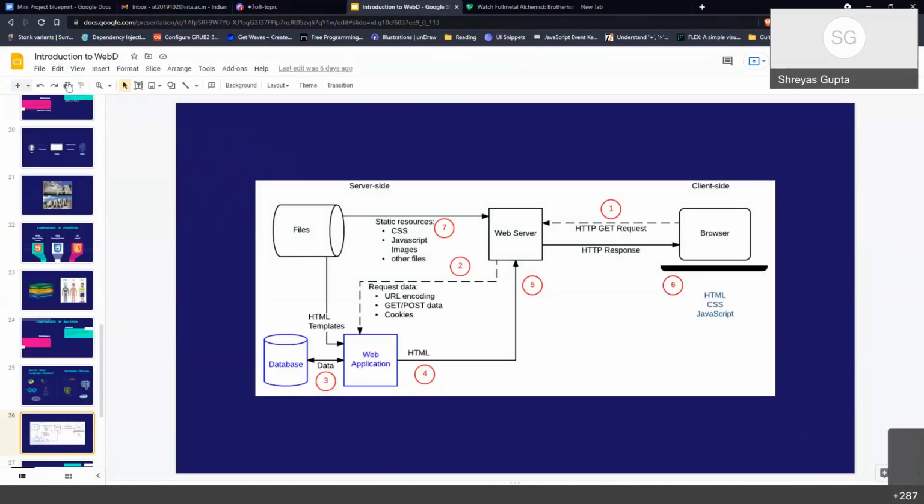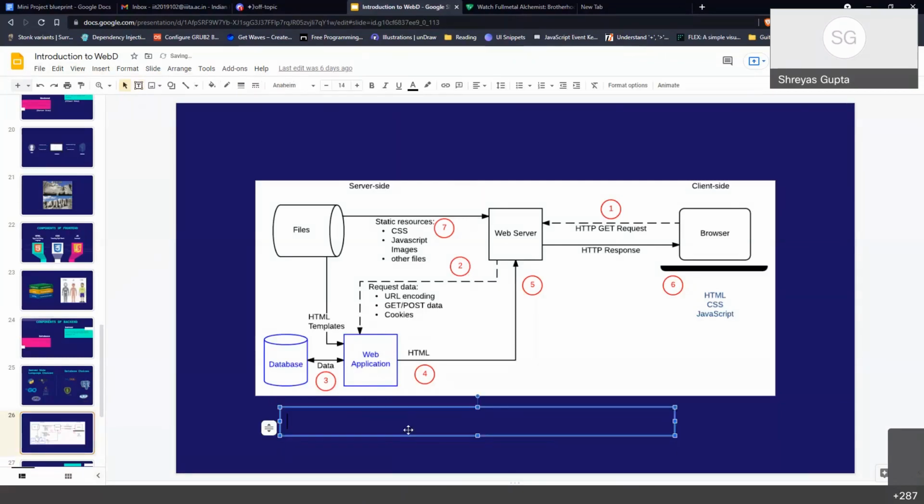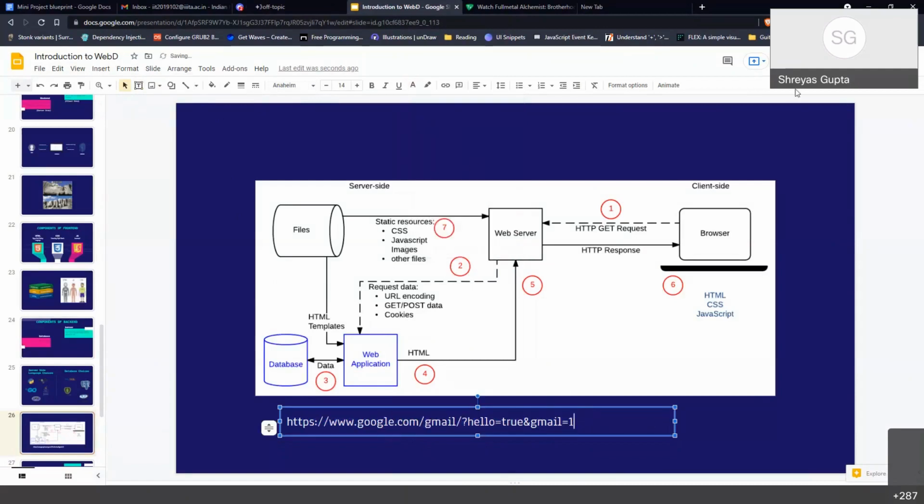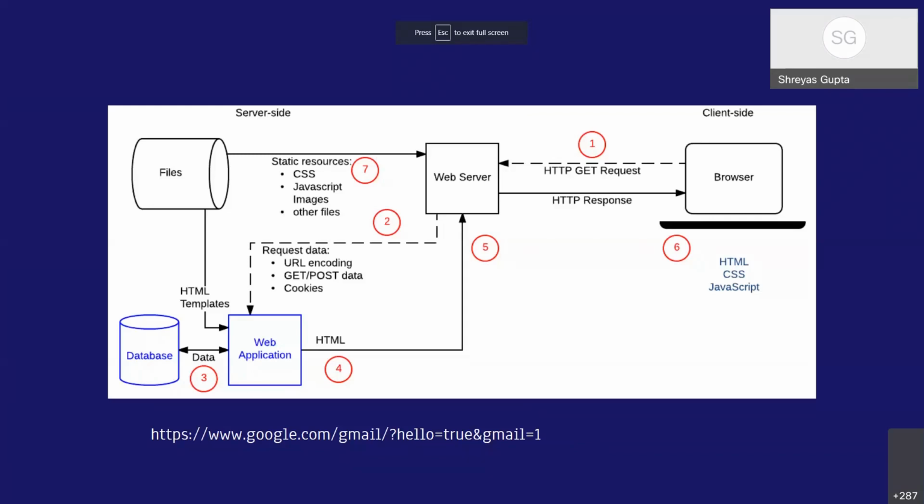Right, so this is an example URL, right? Let's say google.com/gmail, and then you have probably seen that there is a question mark, hello is equal to something.